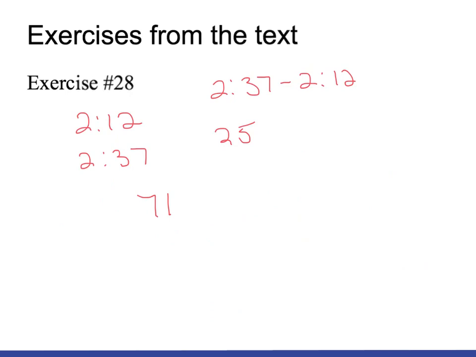So the way I look at this one, okay, we had a total amount. Again, you've got to stop and think about it. So we had 71 plus the 14 degrees. And the reason I say plus the 14 degrees is because we have to count the absolute value of that.